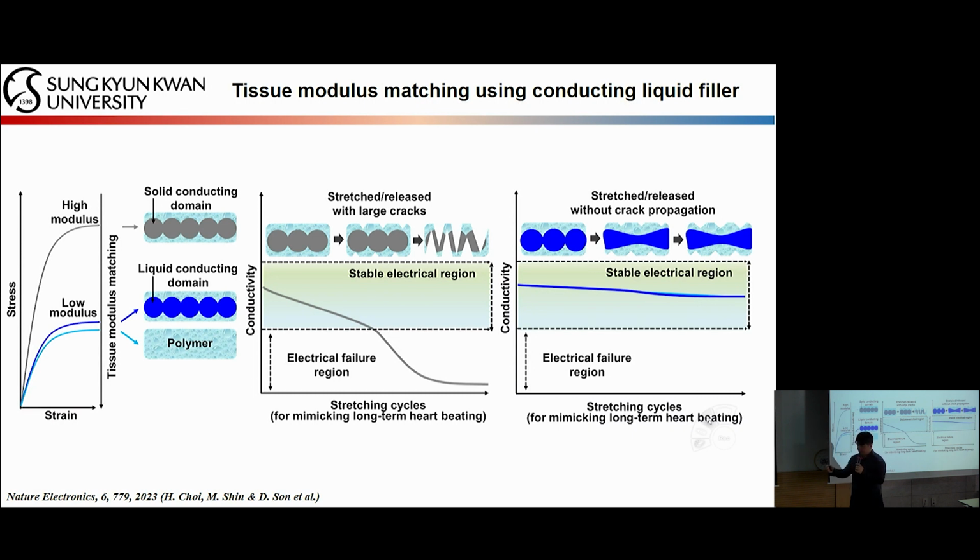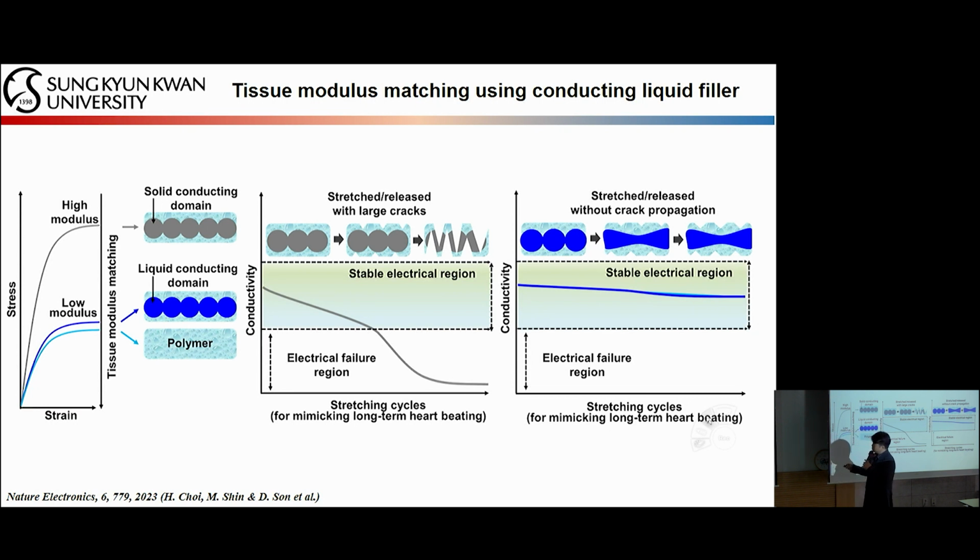With regard to long-term electrical stability under stretching or heart beating, if you use solid fillers in the polymer material, these solid fillers tend to aggregate, potentially causing crack propagation in the polymer matrix. Those crack propagations would degrade the electrical conductivity of the composite material, so we cannot achieve long-term stability.